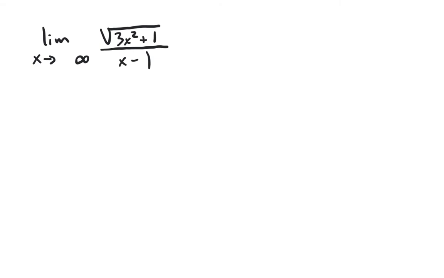So what I'm going to do is take out a square root of the highest power in the numerator. So I'm going to write this now. I'll do it in 2 steps. This is the same thing as the limit as x approaches infinity. Again, I'm leaving a little space so we can do negative infinity in a second.